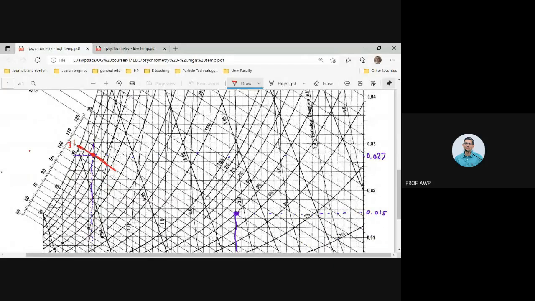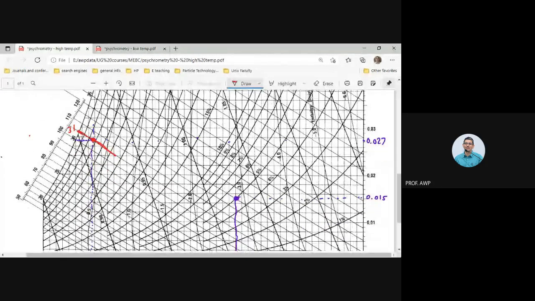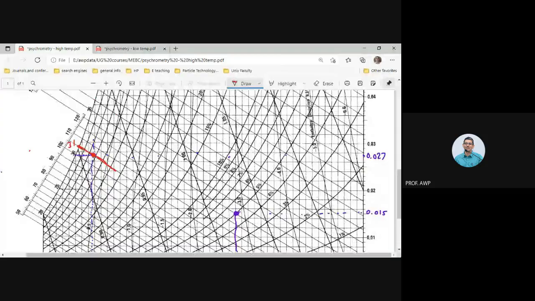And for the condition 80 degrees centigrade, 5% RH, we are along this wet bulb temperature line, TWB and HWB. So this would be 34 degrees wet bulb temperature. Is that okay? Is that clear?